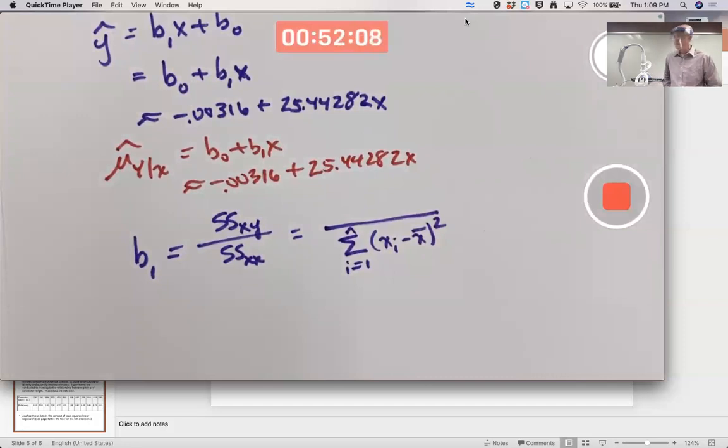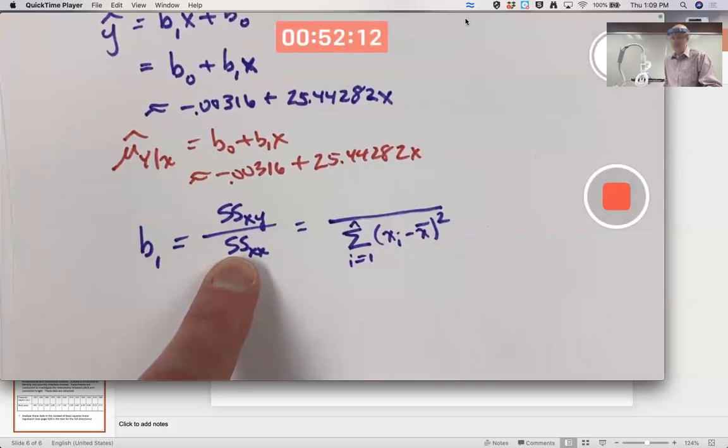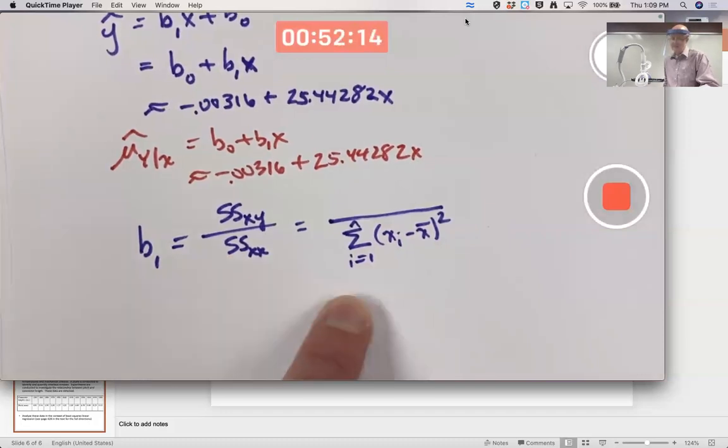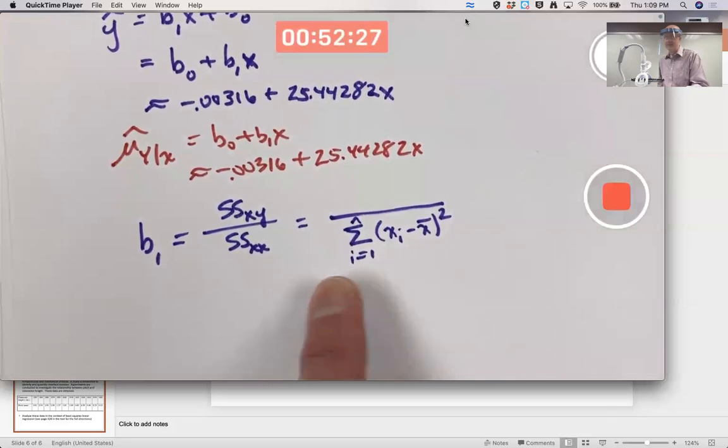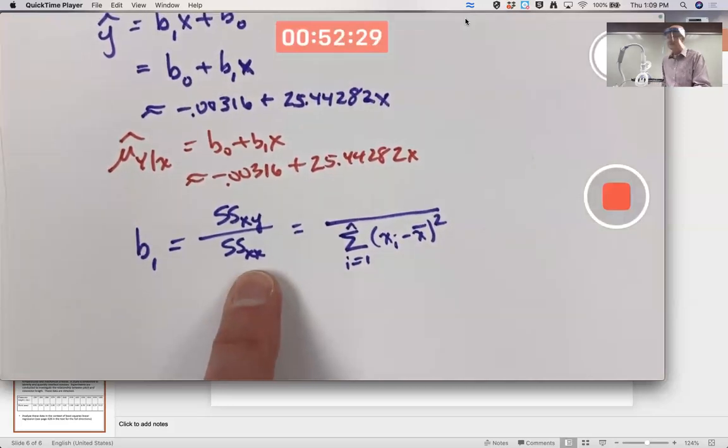That really truly is a sum of squares, and so it makes sense to call it SS. Why XX? Well, it's kind of because there's two factors that involve x in this squaring. They're the same thing because you're squaring it. Xi minus x bar and xi minus x bar is kind of the intuition why there's two x's down here.